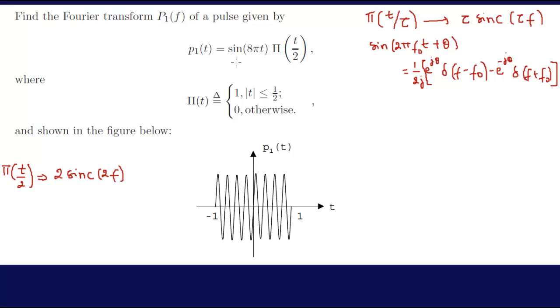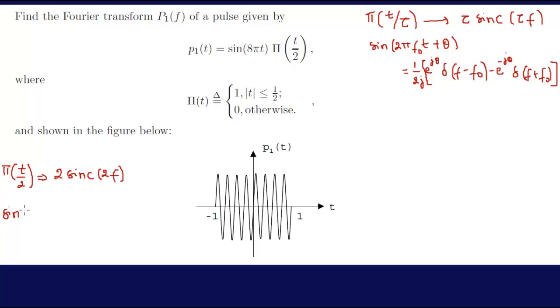Okay, and for sine for this one over here, I'll have sine of 2 pi f0 times t, and we have 8 pi times t. So if we take out a 2 pi, then our f0 would be 4, right?